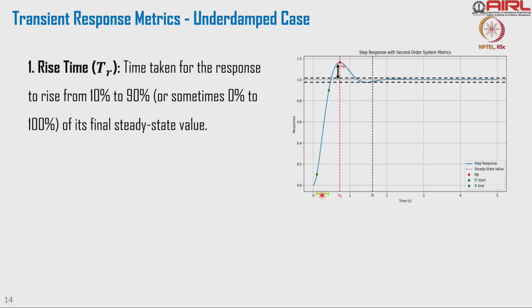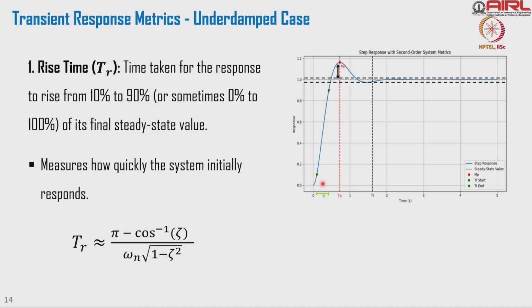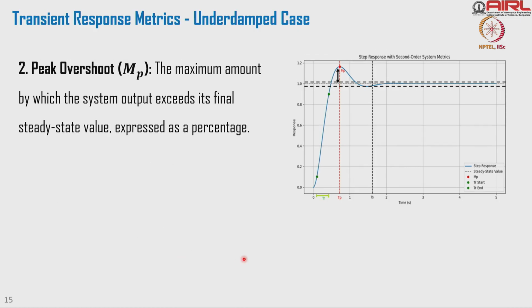You see it's marked in green, TR. That's what we are interested in. Looking at the second order system, we can measure this mathematically and get a closed form expression for how quickly the system initially responds. TR is approximately pi minus cosine inverse of zeta, divided by omega n square root of 1 minus zeta square. It talks about the rise time.